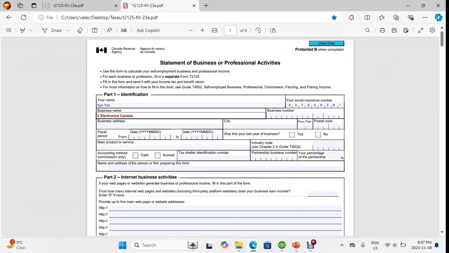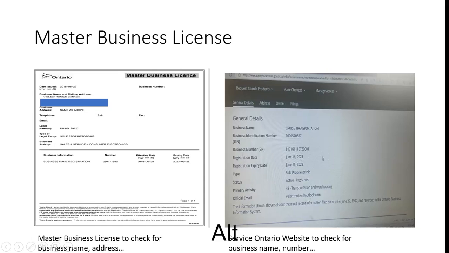Over here, you will type in your business number. You may also find your business number on your Service Ontario or One Key account for your business. Here we can see that the business number is 81716 110, and so on.